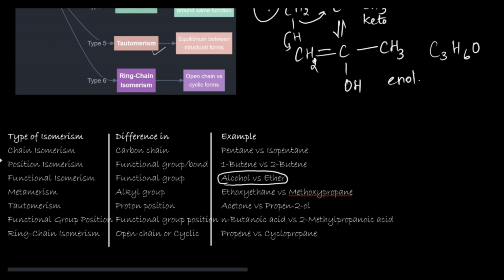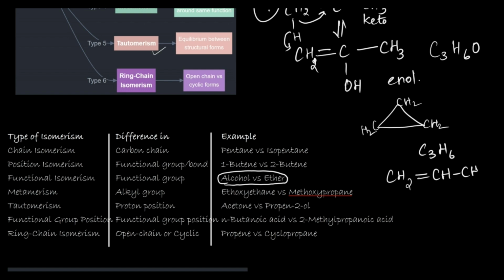The next part is a very simple isomerism type, ring chain isomerism. For example, if I am writing cyclopropane, CH2 CH2 CH2, C3H6. If I am writing propene, CH2 double bond CH CH3, the molecular formula is C3H6.